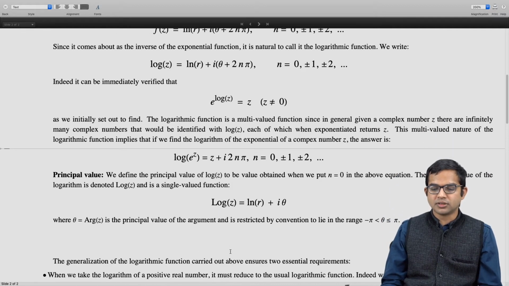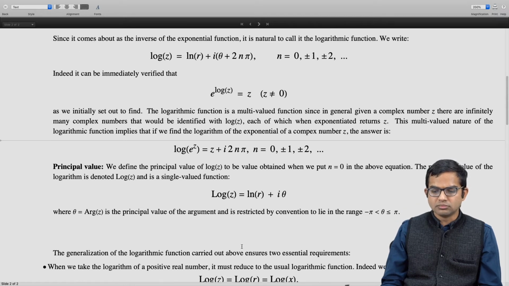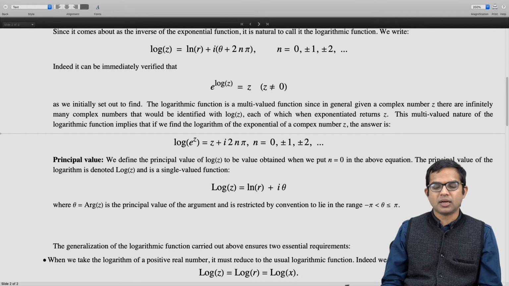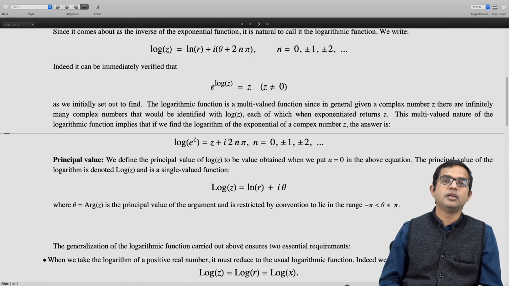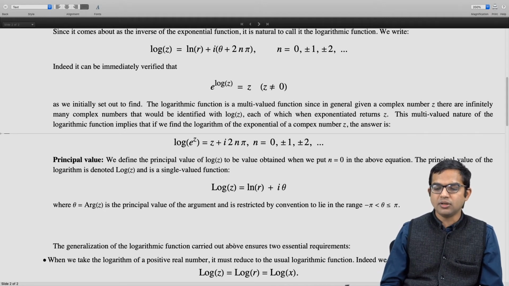The generalization of this log function is also carried out keeping in mind these two requirements, right? Of course, we looked at it as an inverse of the exponential function, but indeed analyticity of this function is also assured in a very large region. We will discuss analyticity of this log function in a moment.